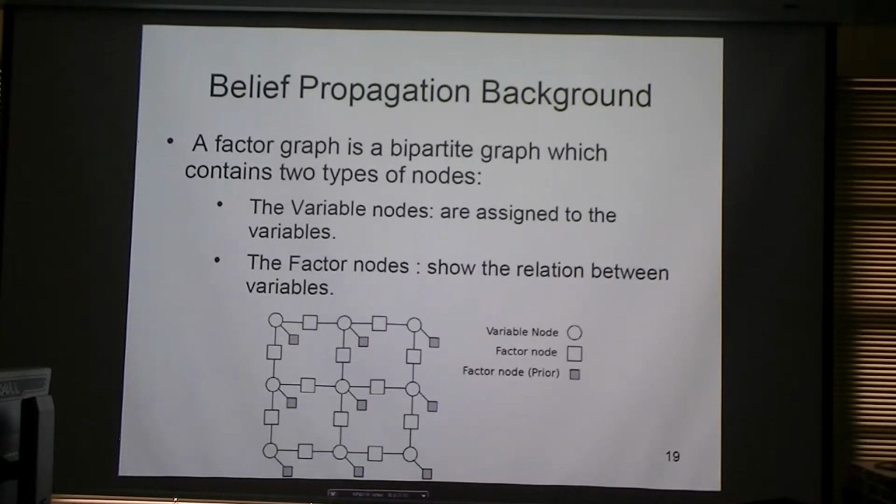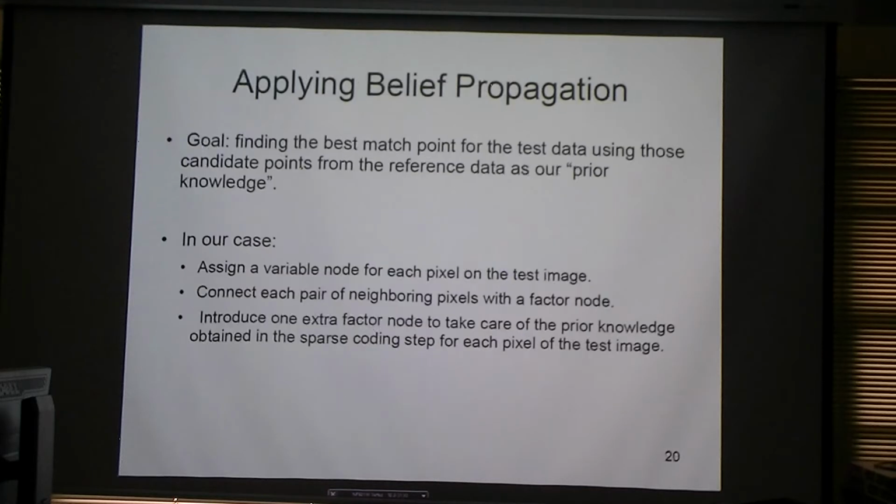A factor graph contains two types of nodes, variable nodes and factor nodes. The variable nodes are assigned to the variables, and the factor nodes show the relationship between the variables. In our problem, we have a factor node that we put as a prior, and this one is those five candidate points.